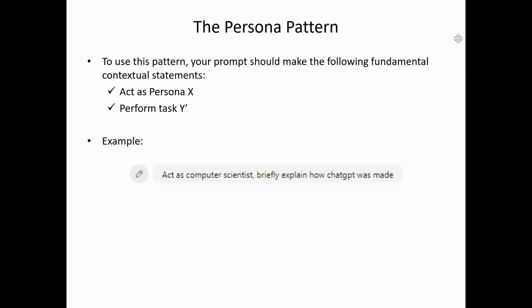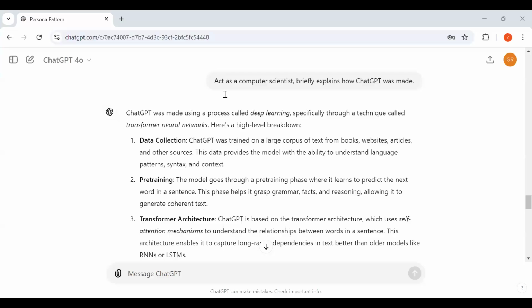Okay, so let's type this kind of prompt into ChatGPT to see what kind of response we could get. We type the prompt as we just mentioned: act as a computer scientist.